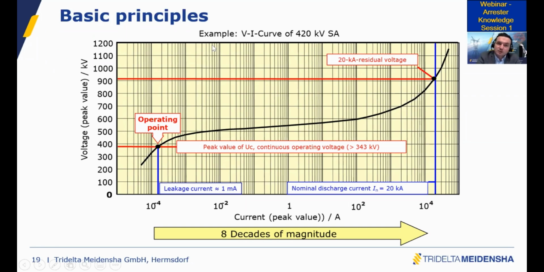On the left side, where you have the operating points, this is going to be the operative area. On the right side, where you have this 20 kA residual voltage, we have the protection level area, or the lightning transient overvoltage area.